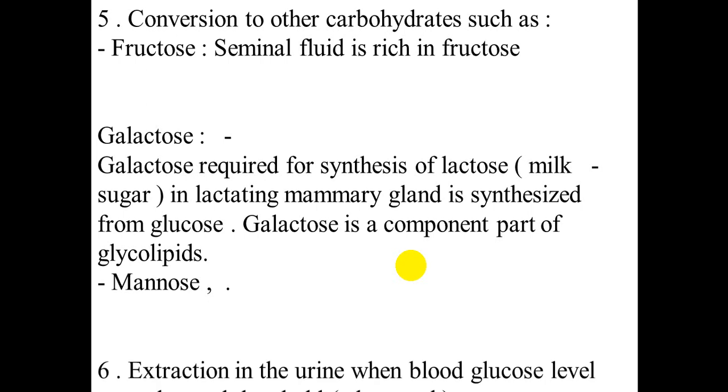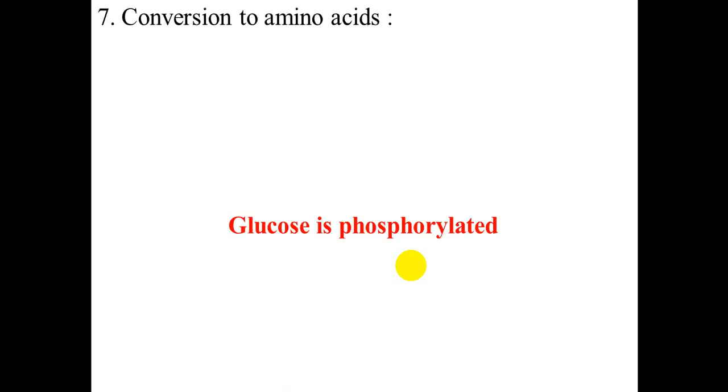6, excretion in the urine when blood glucose levels exceed the renal threshold, which is abnormal. Another type from galactose and mannose, D-glucuronic acid, is required in the formation of mucopolysaccharides and in conjugation reactions of detoxification. 7, conversion to amino acids.